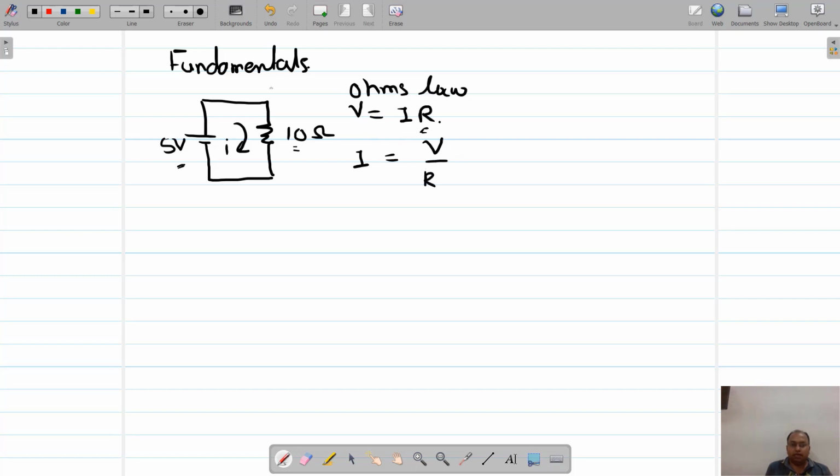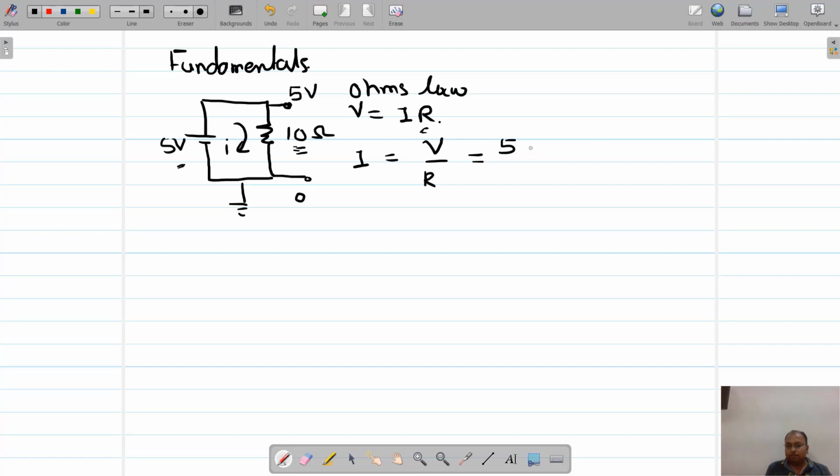But remember, whenever we check this, we find the voltage at this terminal of the resistor and the voltage at the other terminal. Since it is connected to the ground, this is simply 0. So the drop across this 10 ohm resistor is 5 minus 0.